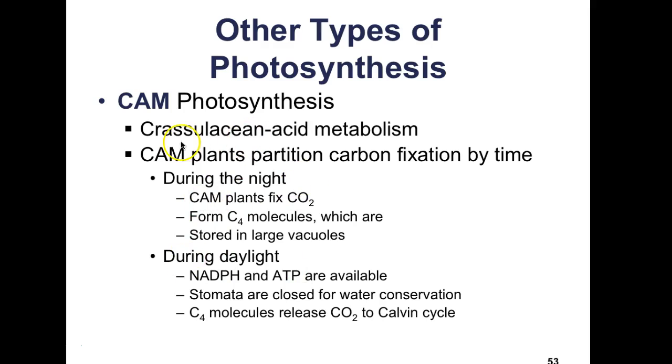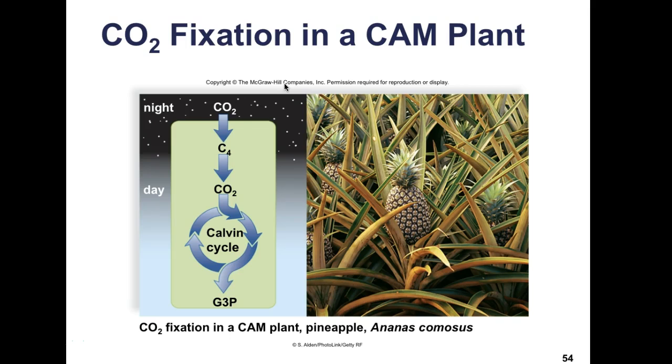During the night, CAM plants fix CO2 and form the C4 molecules, which are stored in large vacuoles. During the day, the stomata are closed for water conservation, and we'll have NADPH and ATP available because light drives the light-dependent reactions. That C4 molecule then will release that CO2 to the Calvin cycle.